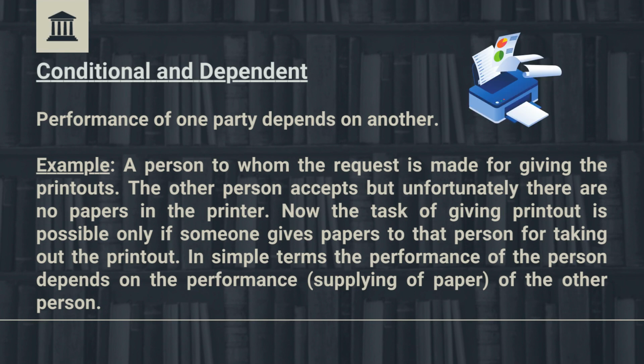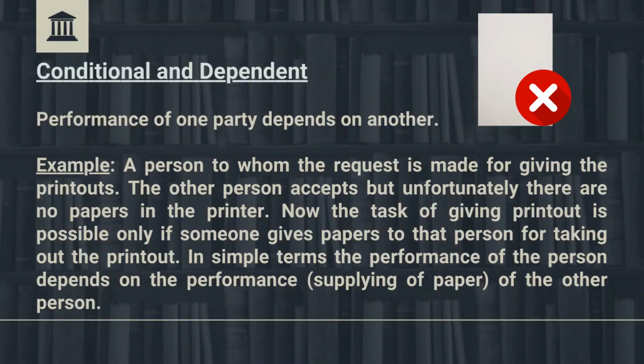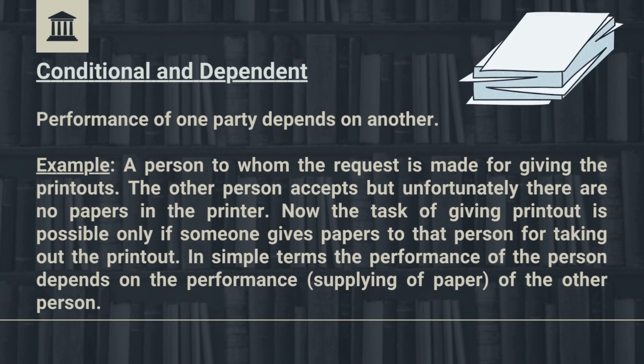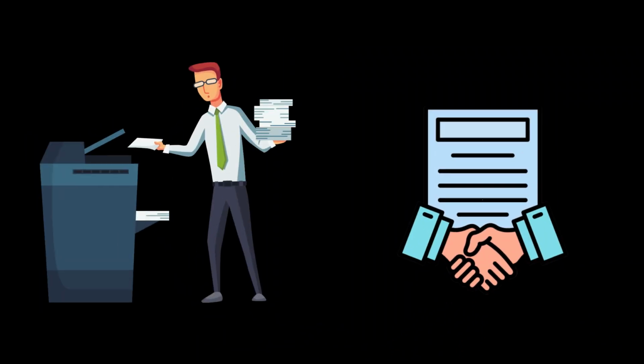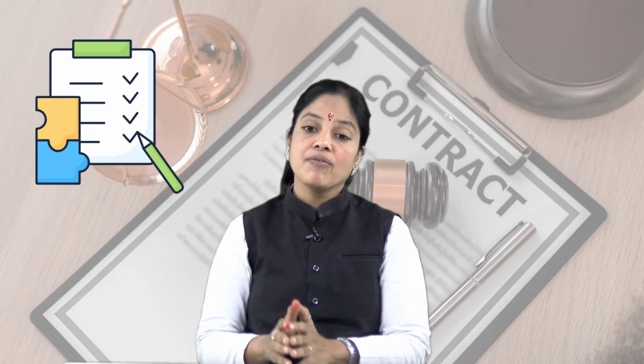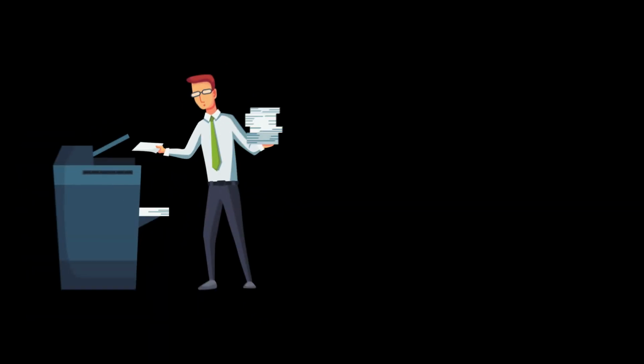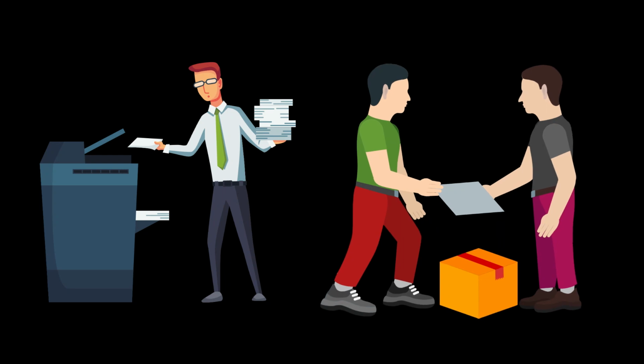So he promised that he is going to give me the printouts, but in the printer there are no papers. Now someone has to give him the papers, then he can give me the printouts. Here the performance of the person sitting beside me depends upon the person who is going to supply him the paper. So the performance of one party depends upon the performance of another party.